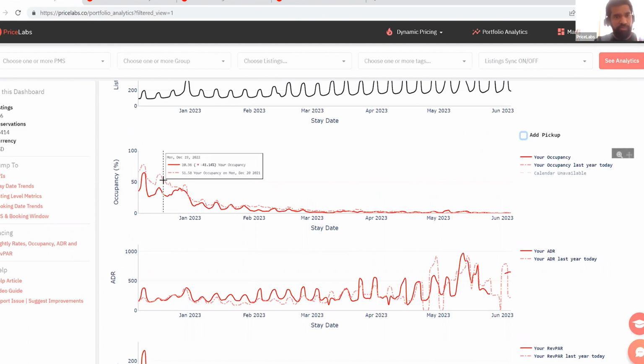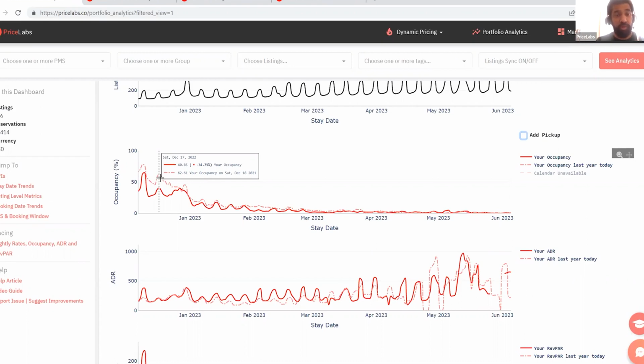You can find your final occupancy, for example, on December 17th here, and December 18th on the previous one. But as of today, which is December 7th of 2021, I had 62% occupancy last year, but today I have 40% occupancy.